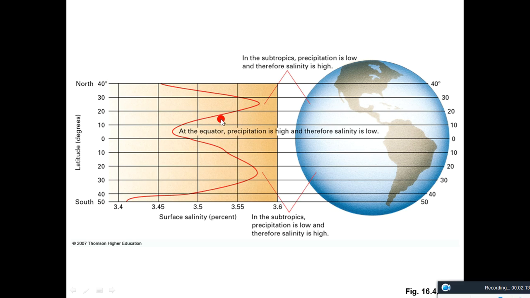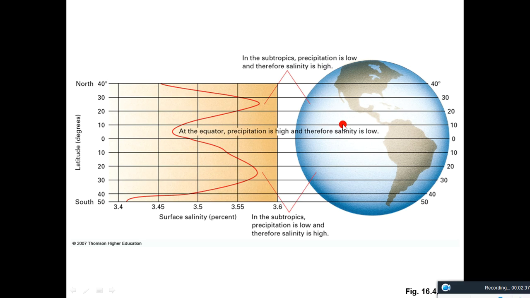Other than temperature, what we need to understand is the precipitation and evaporation also. Within the globe, within the earth, there are some regions where more precipitation takes place, and some regions where less precipitation takes place. At the equator the precipitation is high, and due to this the salinity of the ocean water is low here.